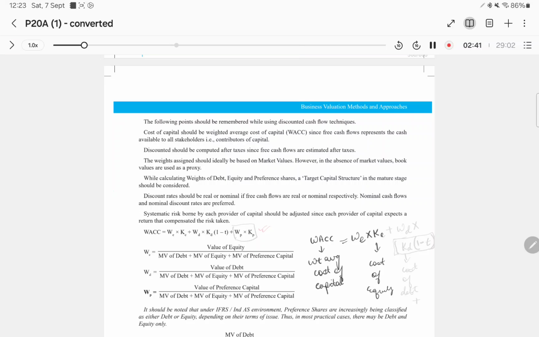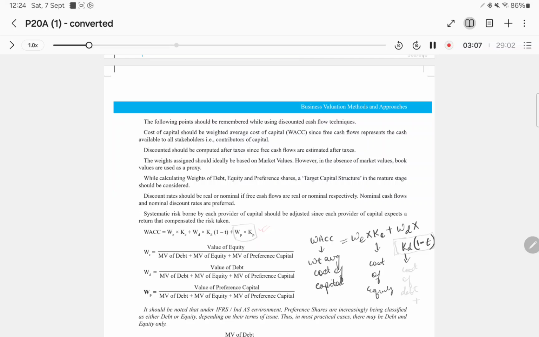So I'm once again telling you the formula. WACC is basically weighted average cost of capital. How to calculate it is that we'll take weight of equity into cost of equity, that is KE, plus weight of debt into cost of debt. Students, do remember, deduct tax from it.